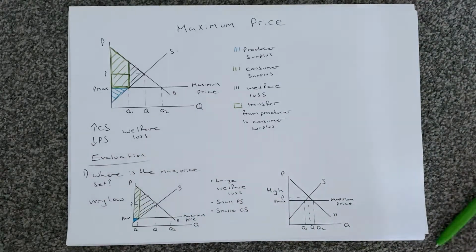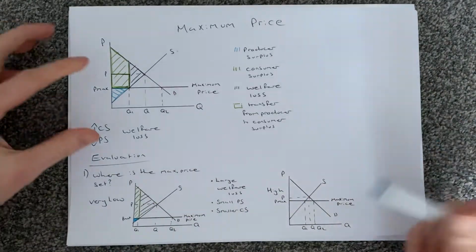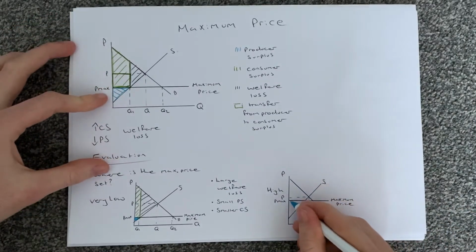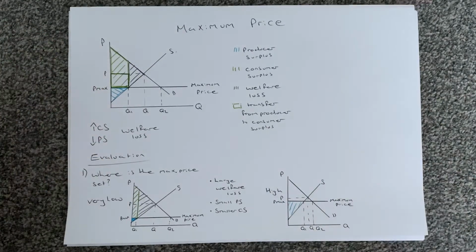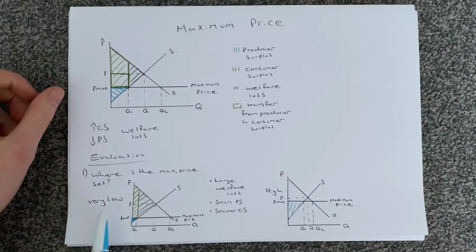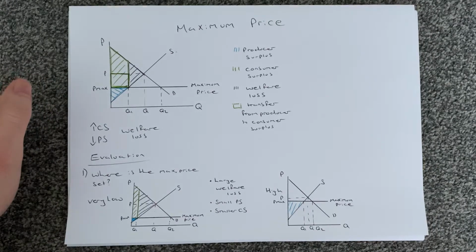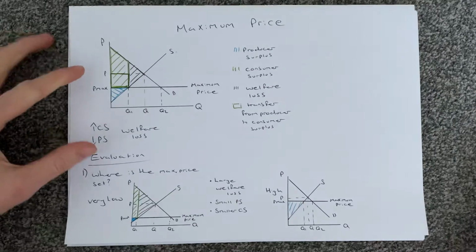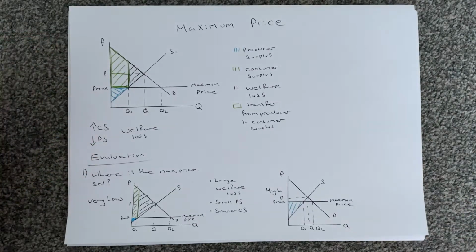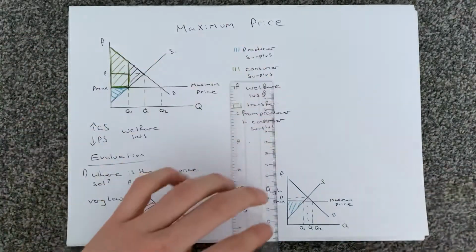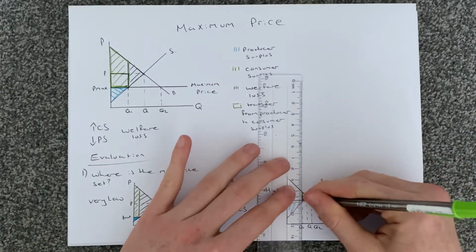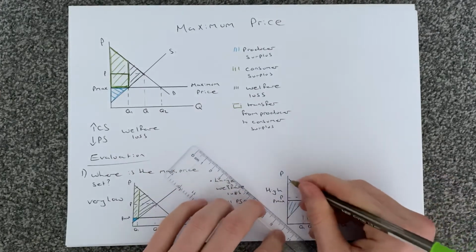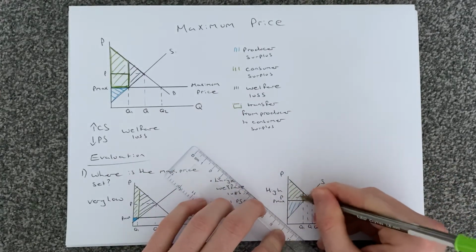So if we have a look visually, we can see straight away that the producer surplus in this scenario is much larger than when we have a very low maximum price. We'll make a comment on that in a moment. To draw the consumer surplus, we go vertically up from Q1, the quantity supplied, and we can highlight that area there.